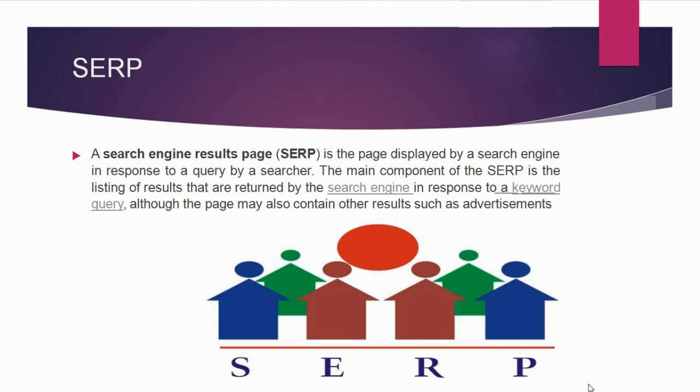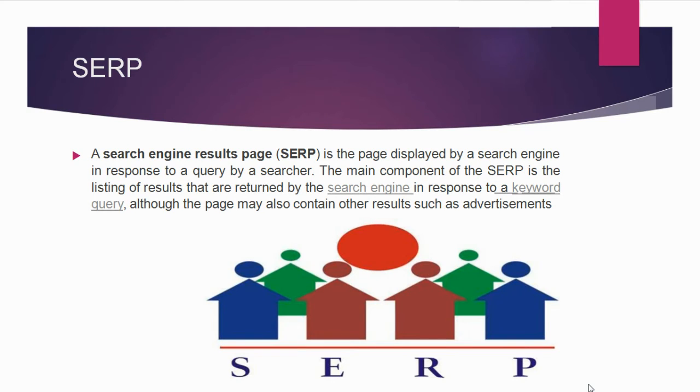It is the page displayed by a search engine in response to a query by a searcher. The main component of the SERP is the listing of results that are returned by the search engine in response to a keyword query, although the page may also contain other results such as advertisements.